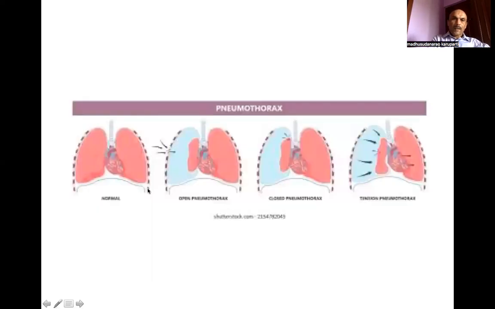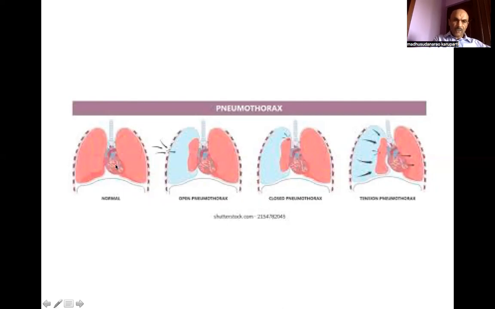This is the diagrammatic representation of the chest showing the lung fields, mediastinum, and pleural cavity. Here, this is a normal chest wall. The lungs are normal. The pleural cavity is normal without any air in it.